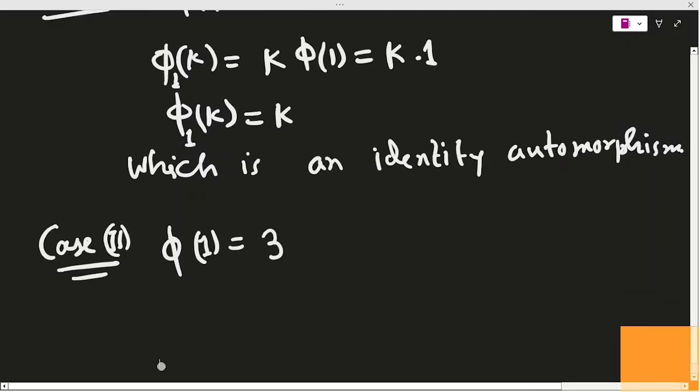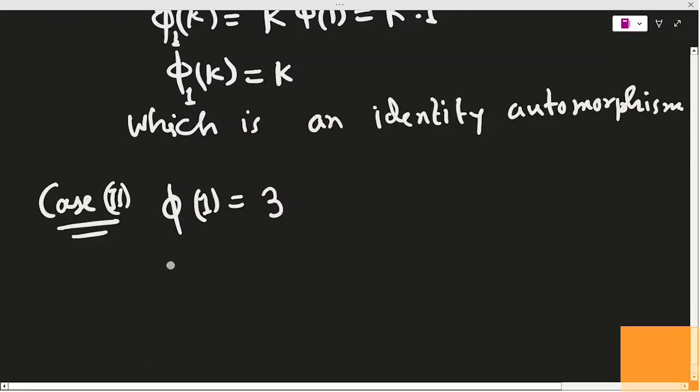In this case, since phi of k is equal to k times phi of 1, so phi of 1 is equal to 3 here.